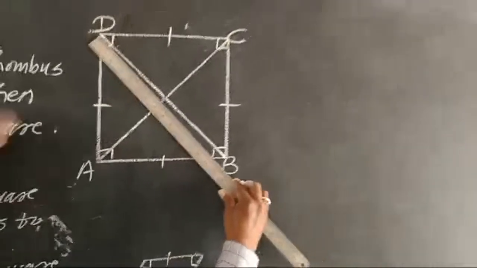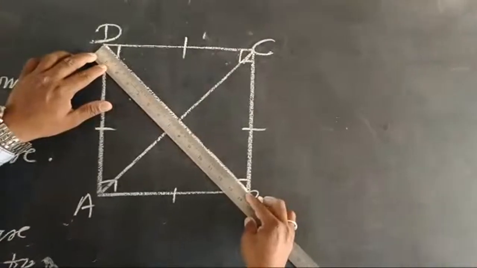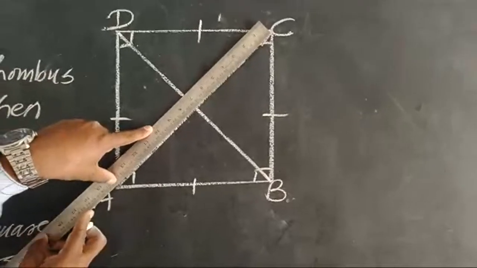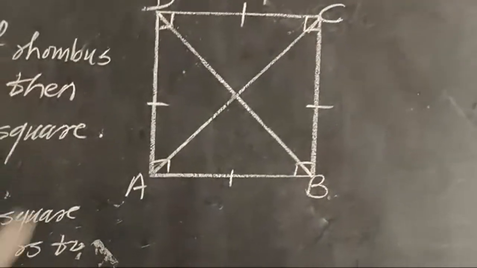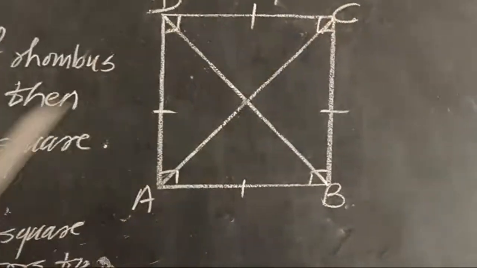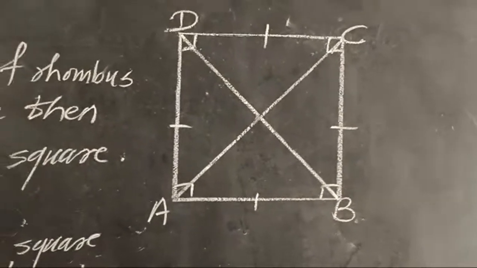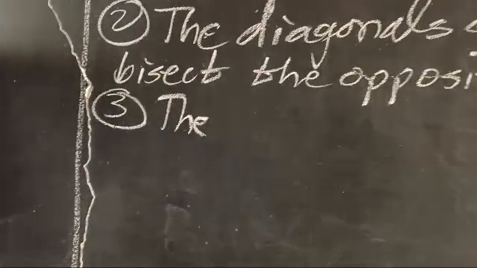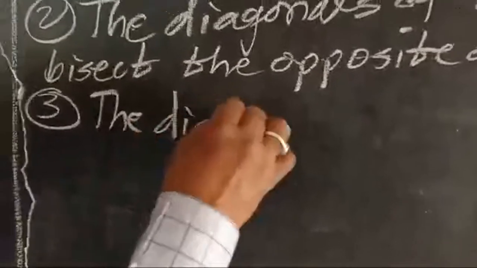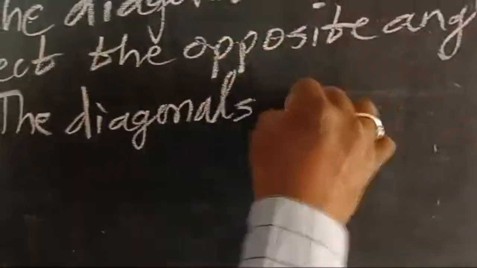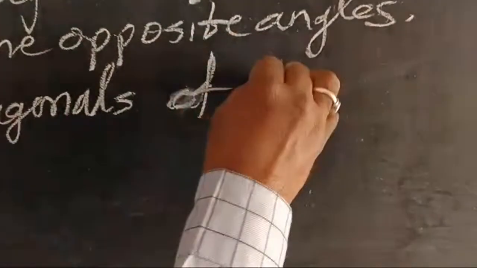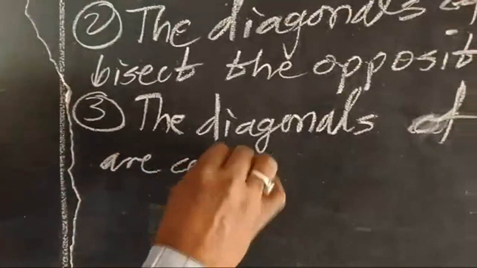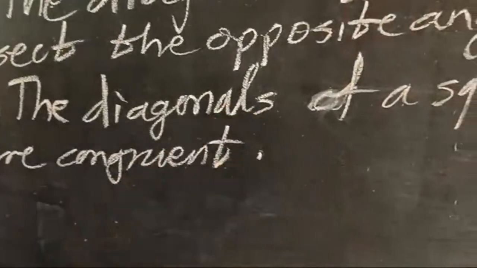Suppose here the length is 14 centimeters, then AC we also get 14 centimeters. Means the lengths are similar. Then what is the property? Yes, the diagonals of a square are congruent.